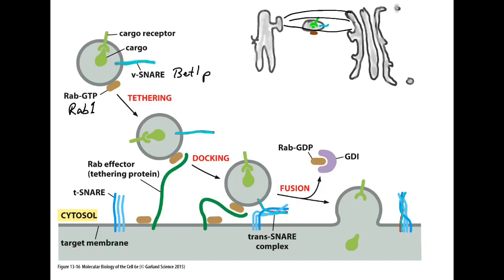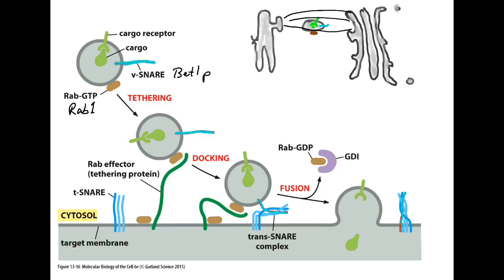But let's just say that these are the appropriate snares to form that coil-coil. Then now you end up with the very close approach of this membrane and this membrane, and that leads to fusion. So in terms of the overall goals, we have now deposited the cargo, if it's a soluble protein, into the lumen of the Golgi. If it's a membrane protein, then it would be embedded in the Golgi membrane.